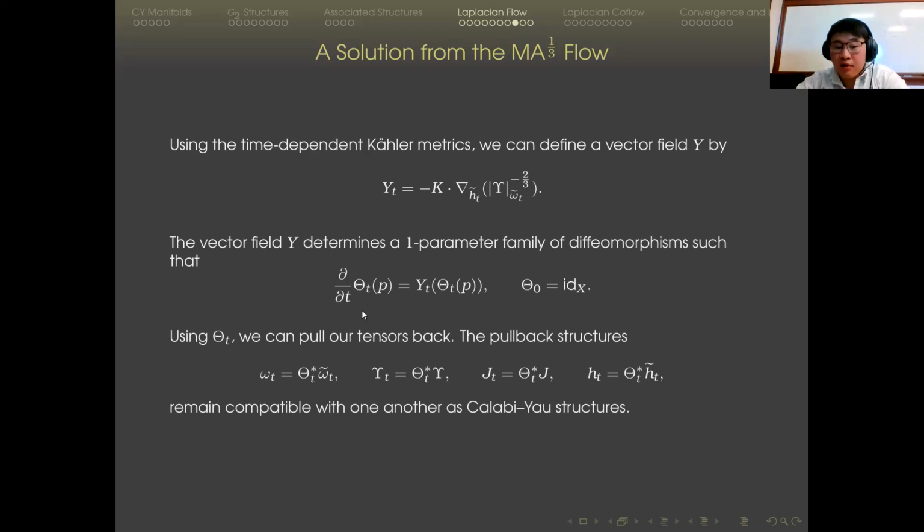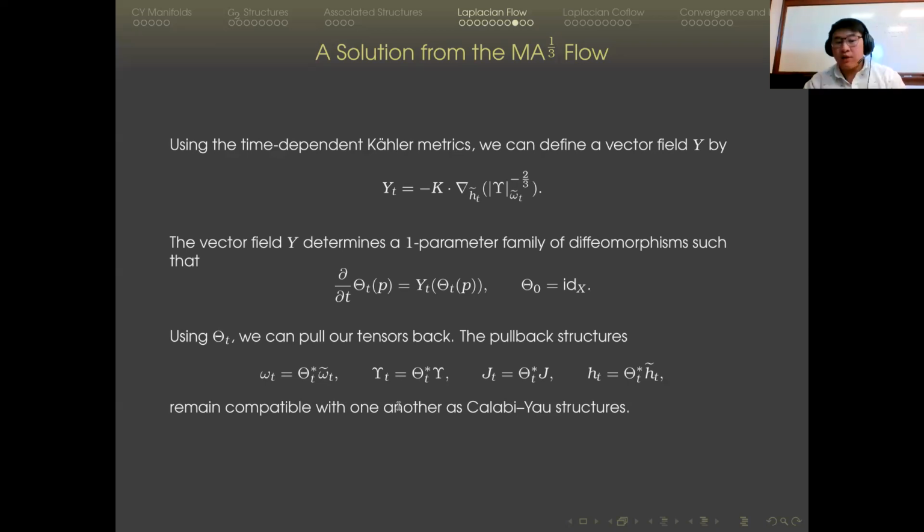And we can take those diffeomorphisms and pull our tensors back. So we'll define omega t to be the pullback of the auxiliary structures, omega tilde. And then we can just pull back our initial holomorphic volume form. We can pull back our initial complex structure, and then the Riemannian metric will follow with the Kähler metric.